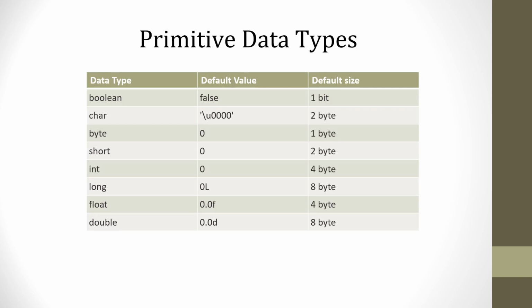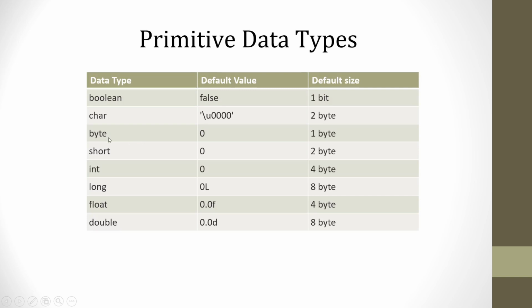The default value of a boolean is false, and the default size is 1 bit. The next is character. Char is used to store characters. It is a single 16-bit Unicode character, with a default value of some Unicode, and it is 2 bytes.